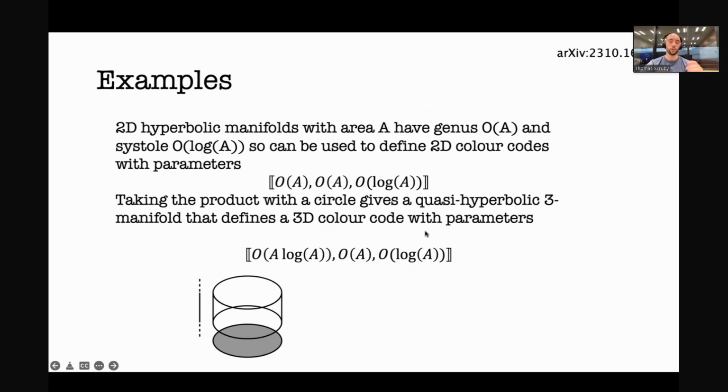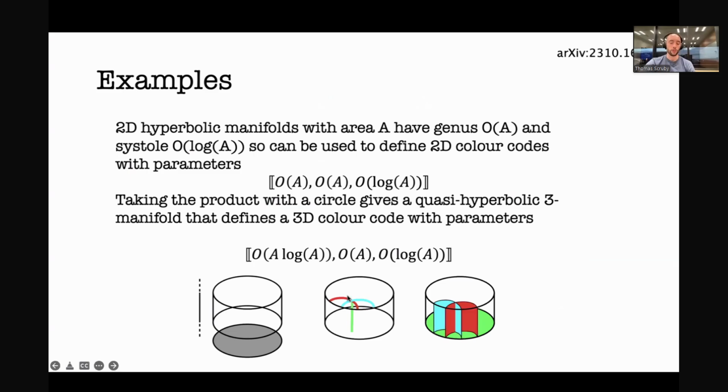Whereas in this case, you tessellate the bulk, put qubits on the vertices of the tessellation, and define a color code as normal. And actually, in this case there is no boundary, because for the genus to be linear in the area, the manifold needs to be closed. Good. Okay.